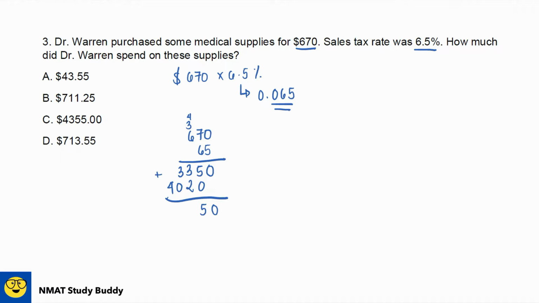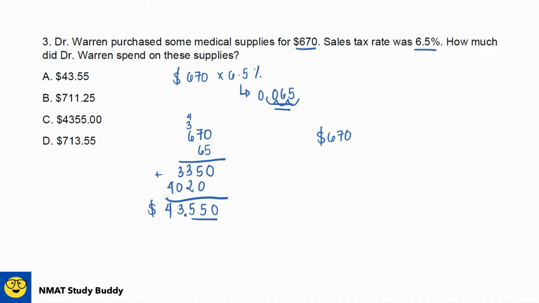Just add these. 5, 3, then 4. Then, since you have 1, 2, 3 decimal places, you need to put a decimal point before the 3 decimal places. So, $43.55 is the sales tax. So, this sales tax that we got, we add to the original price.